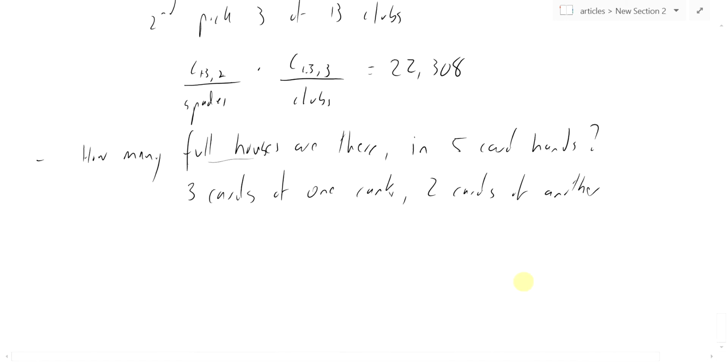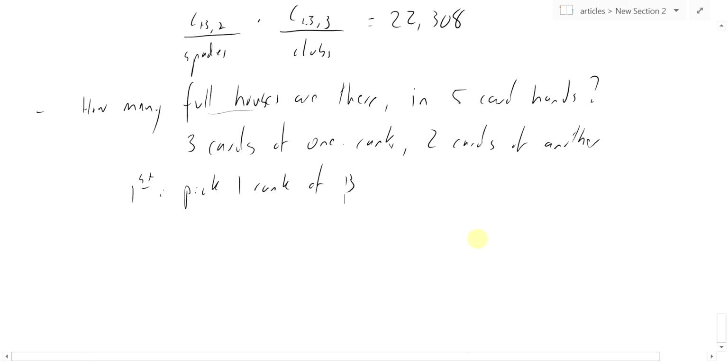I need to think of this as a process to be able to count how many different full houses there are. So what's the process? Well, first I need to pick the rank that my 3 cards will come from. And there's 13 possibilities. Once I pick that rank, I pick 3 out of the 4 cards from this rank.